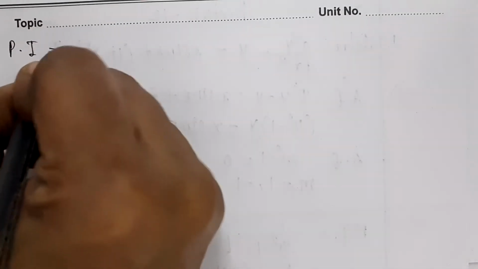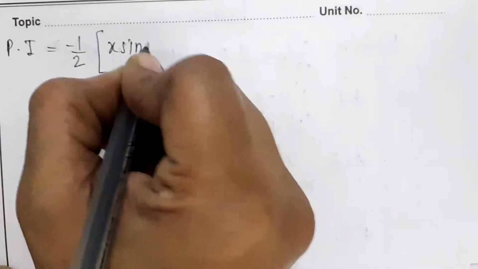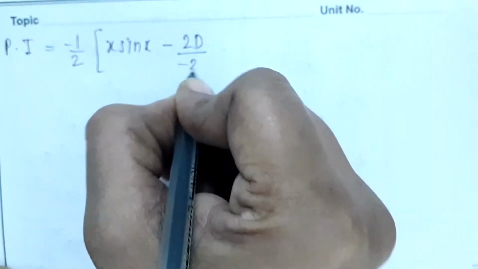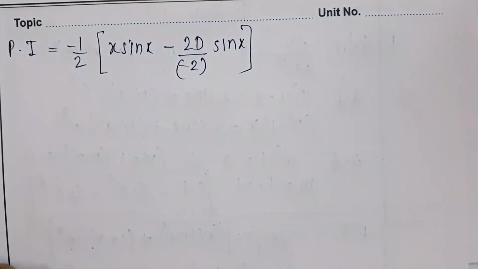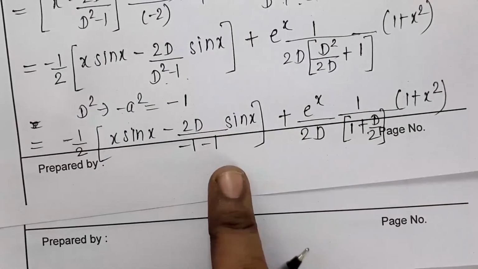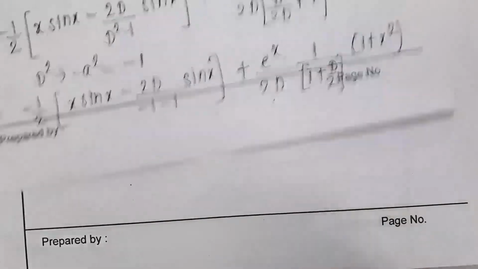So this is equal to minus of 1 by 2 times x into sin x minus 2D divided by minus 2 multiplied by sin x, plus e to the power x by 2D.